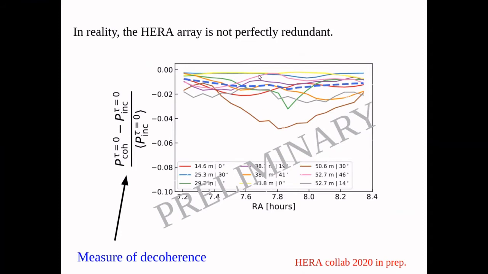And you can see that if it is perfectly zero, it means your array is perfectly redundant. But apart from zero, there is some non-redundancy present in the data, and you can see that it is less than 5% for different redundant group baseline lengths and angles. So some level of non-redundancy is present in the data.